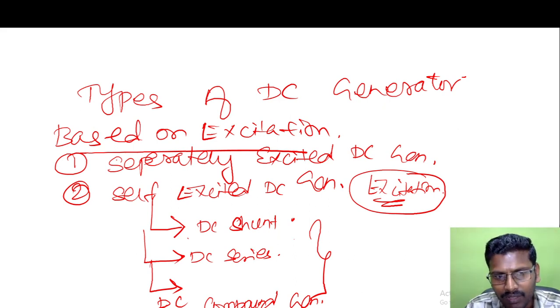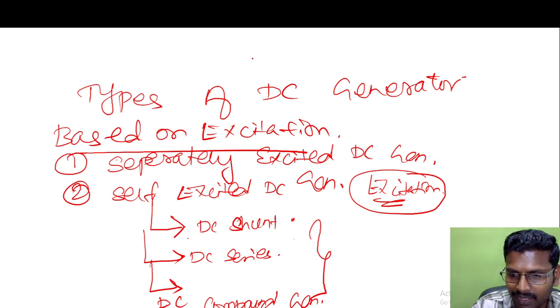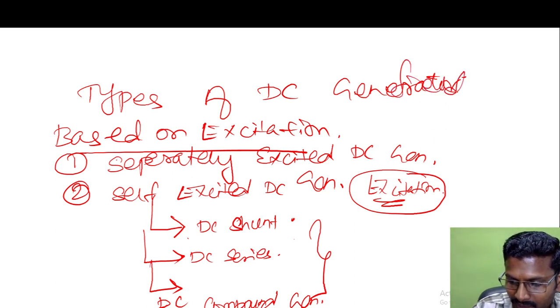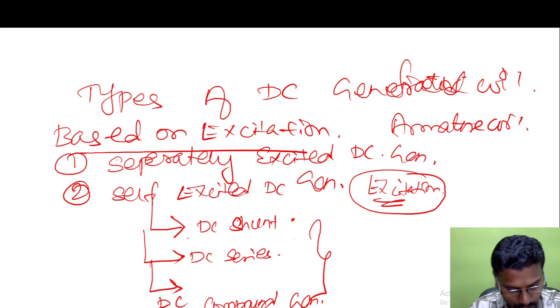Similarly, in DC machines, whether DC generator, DC motor or alternator, we need to excite a coil for the smooth operation of the device. So here we are going to have two coils in DC generator. One will be the field coil, and the other will be the armature coil.